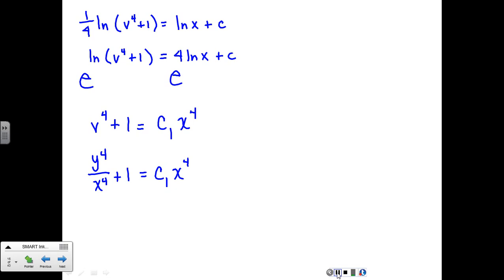Multiply everything by x to the 4th. X to the, C1 x to the 8. Okay? Is that okay? Can we solve this one for y?